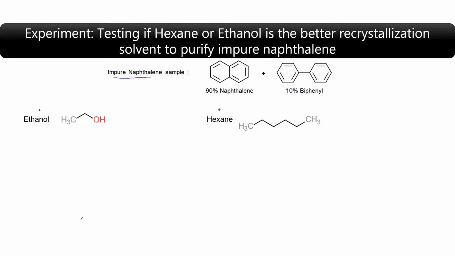So this impure naphthalene sample is actually a mixture of 90% naphthalene mixed with 10% biphenyl.